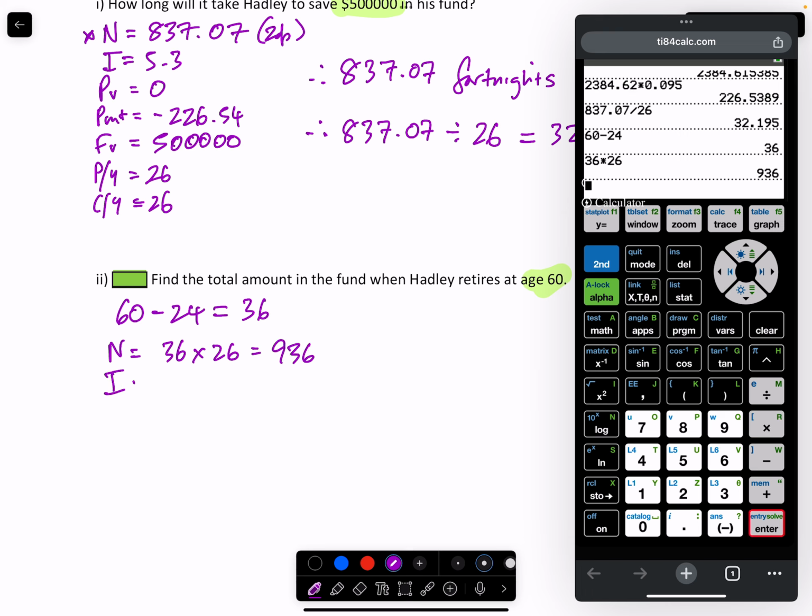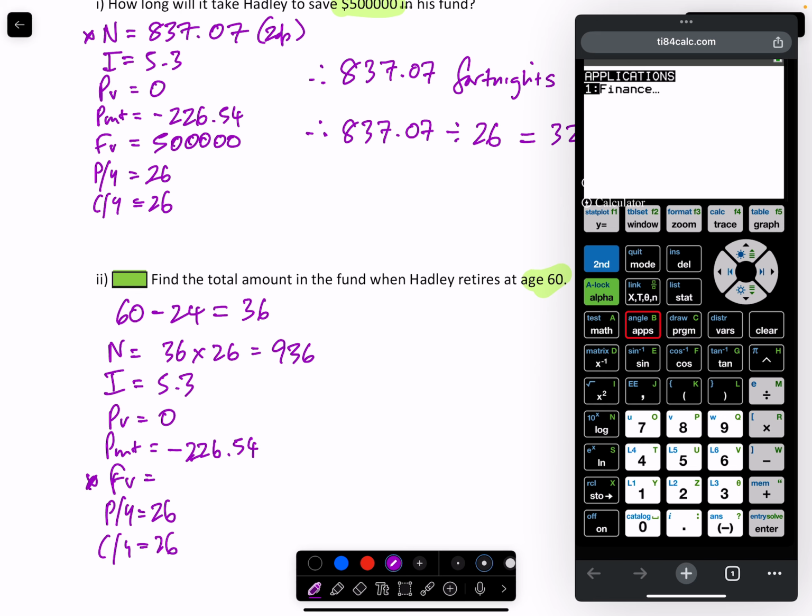His interest rate for the super account was 5.3. He started off at nothing. He's putting in $226.54. We want to know what ends up, so FV is what we're solving for. PY is 26. CY is 26. Apps, finance, TVM solver, 936. Alpha, enter.